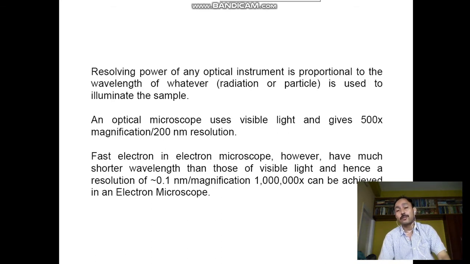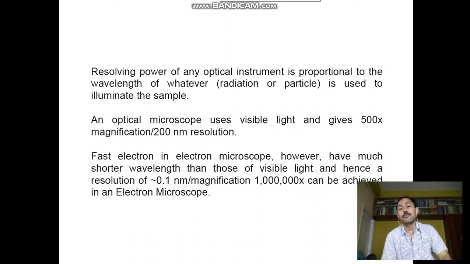For an electron microscope, the scene is different. First, electrons in an electron microscope have much shorter wavelength than visible light, and hence a resolution of 0.1 nanometer, with a magnification of 10 lakh times, can be achieved.